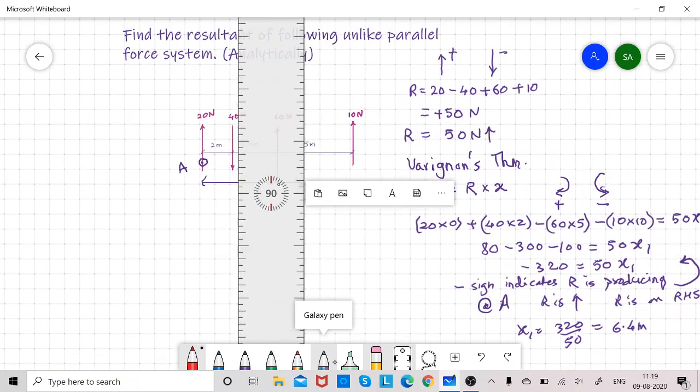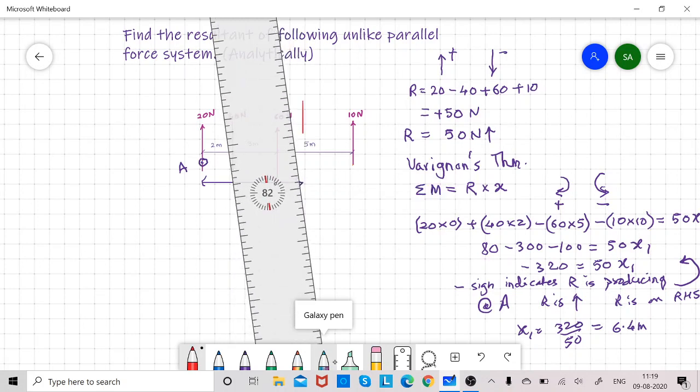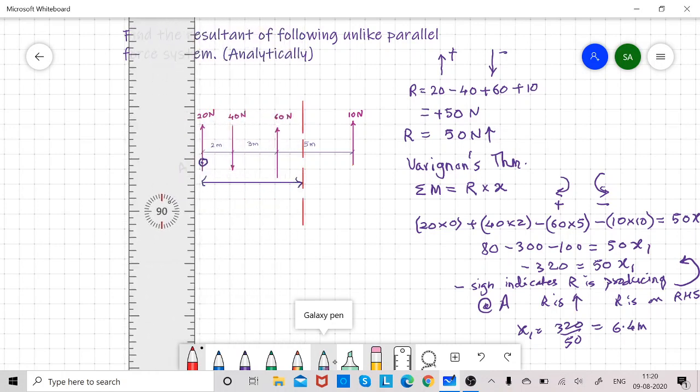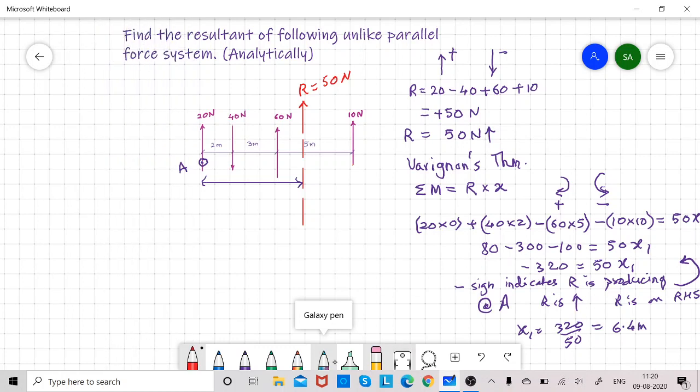So this is R, which is 50 Newton upward, and this x1 that we calculated as 6.4 meter from A on the right side, which is tallying with our solution by the graphical method.